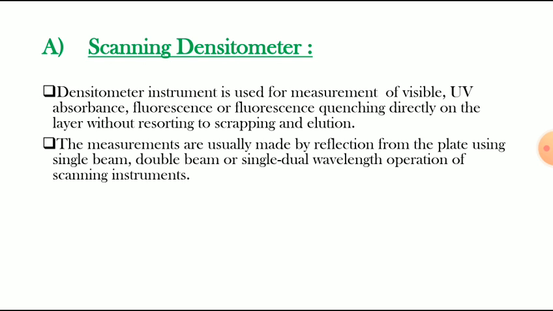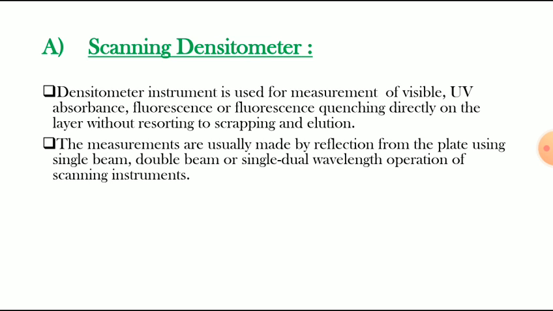The densitometer instrument is used for measurement of visible UV absorbance, fluorescence or fluorescence quenching directly on the layer without resorting to scraping and elution. See, without scraping that portion, we can directly identify the separated component by UV absorbance, fluorescence or fluorescence quenching.